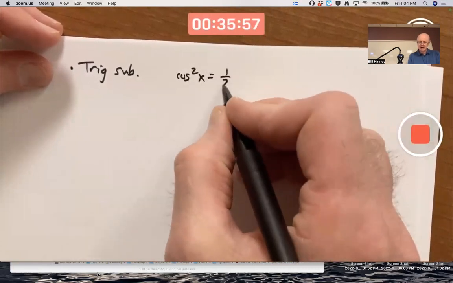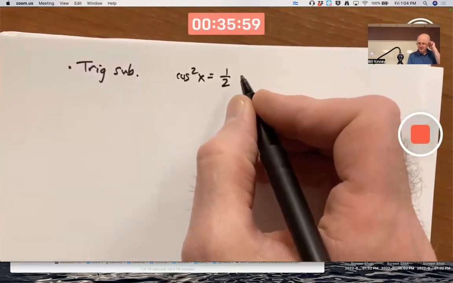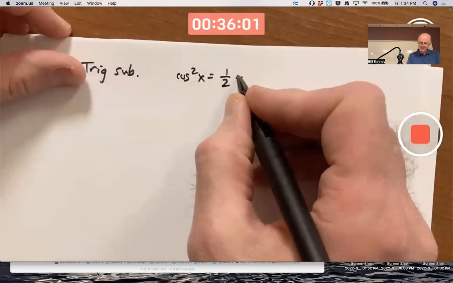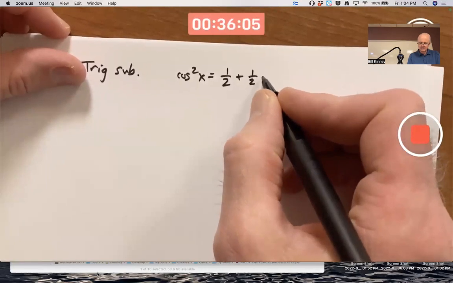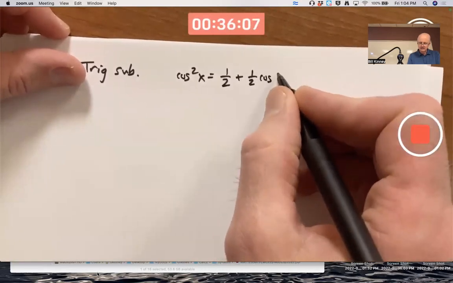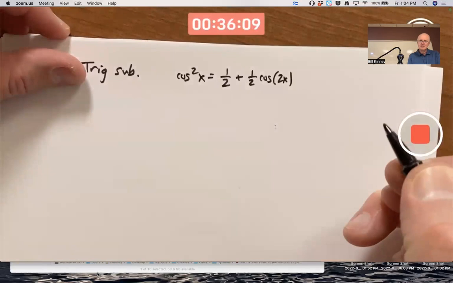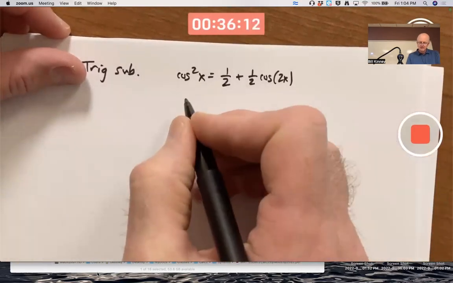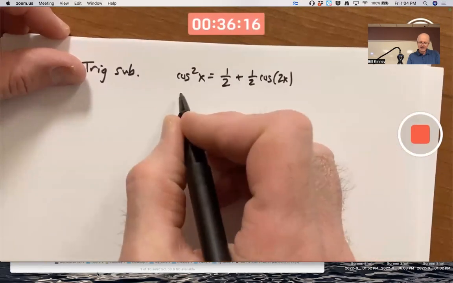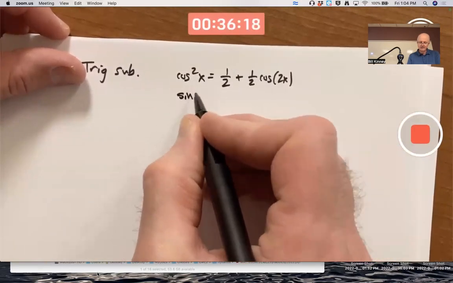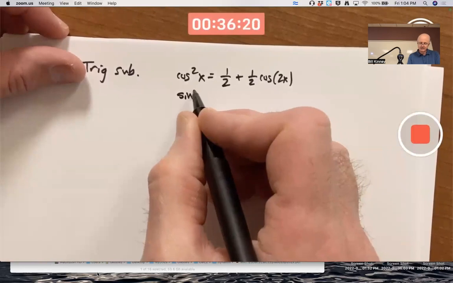I guess if I do, I will probably write the exam tomorrow morning. And if I do put these on there, I will probably give them to you and I'll let you know. Cos squared x is 1/2 plus 1/2 cos 2x. That's a useful one to do integrals of cos squared x, for example.